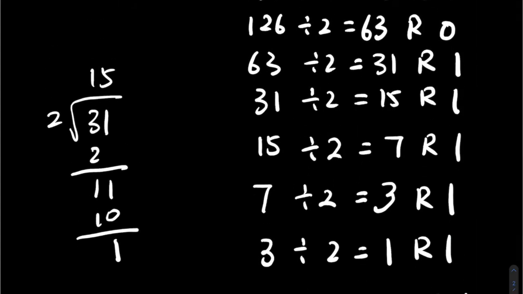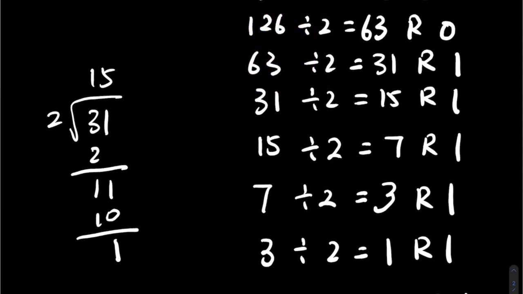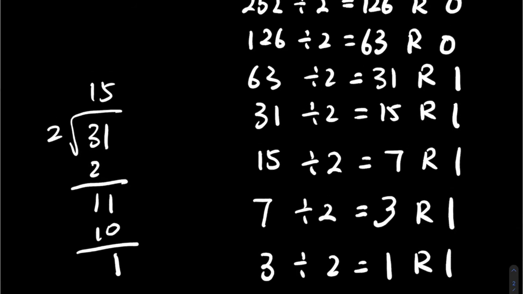When we read the binary number, we're gonna read from the bottom to top. Let me change my pen color. This is our most significant bit, and this is our least significant bit.